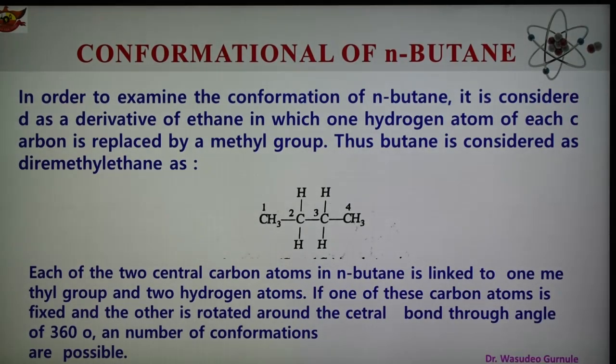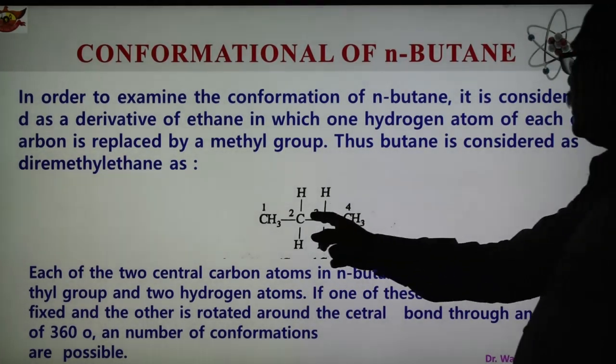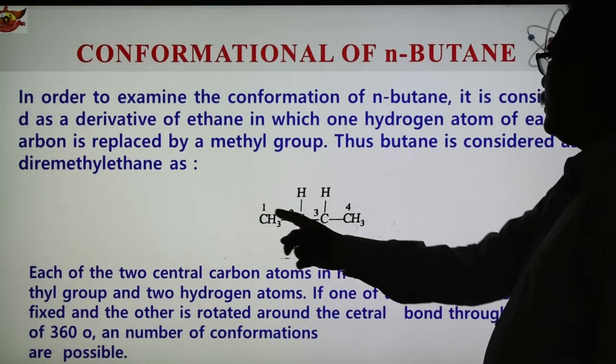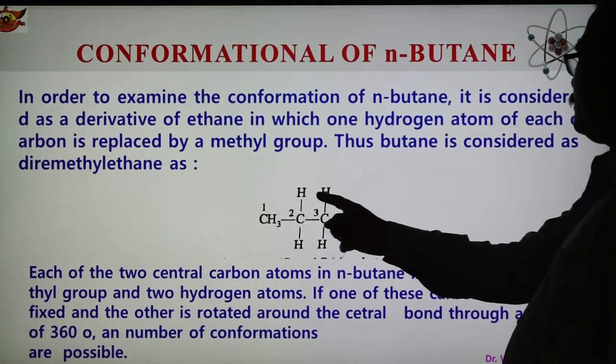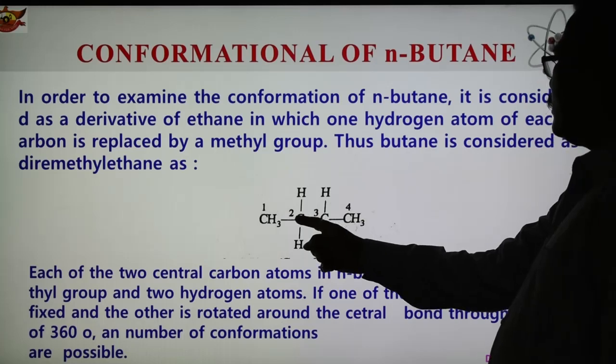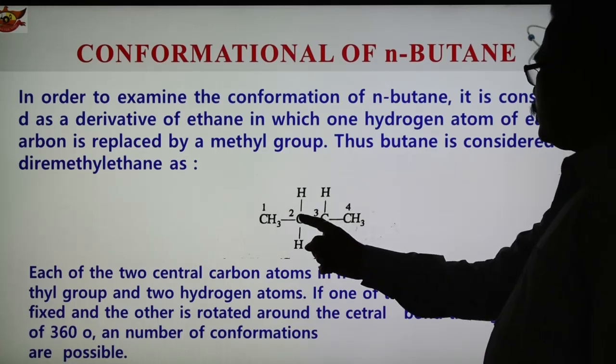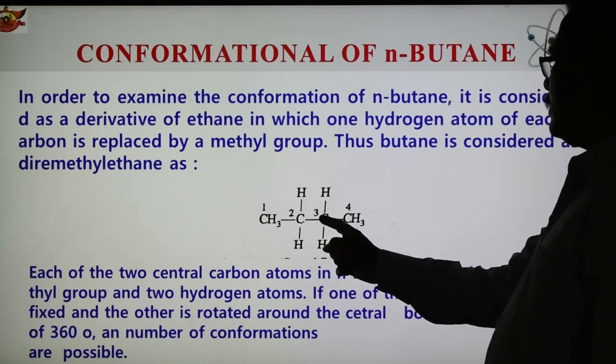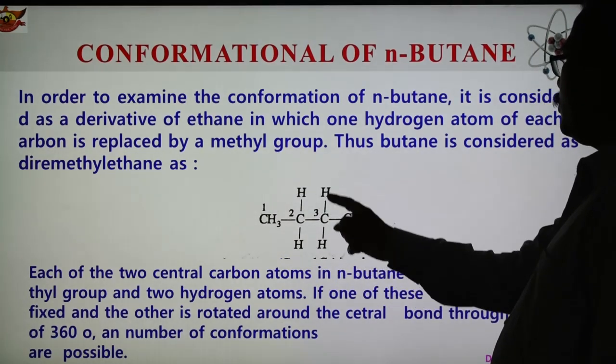In this case, there are 4 carbons, 1, 2, 3 and 4. Of the central carbons, carbon number 2 is attached to 1 methyl and 2 hydrogens, and carbon number 3 is also attached to 1 methyl and 2 hydrogens.